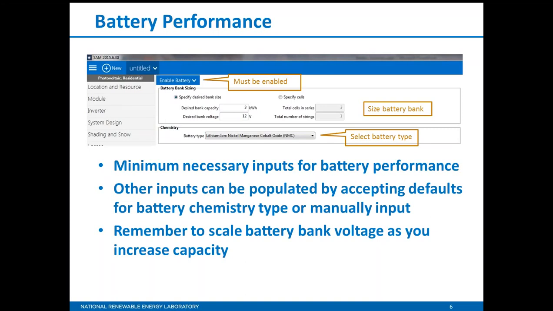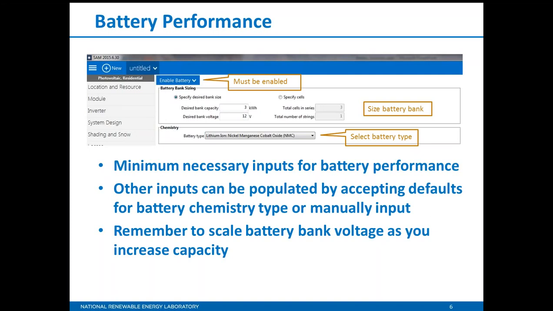That's not a physically realistic system. You can also specify the number of cells. So if you have information like a data sheet, and you know how many cells you have and their properties, you can specify how many cells you have in series and then how many strings of battery cells you have.